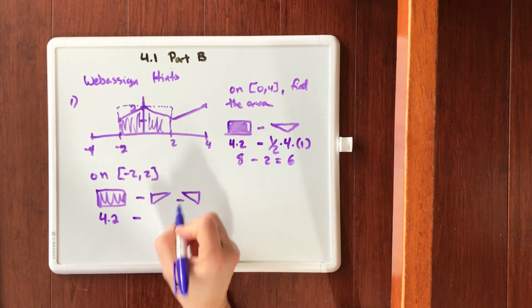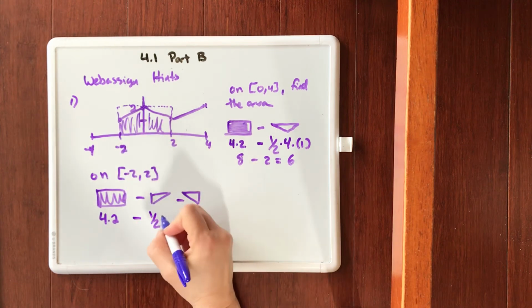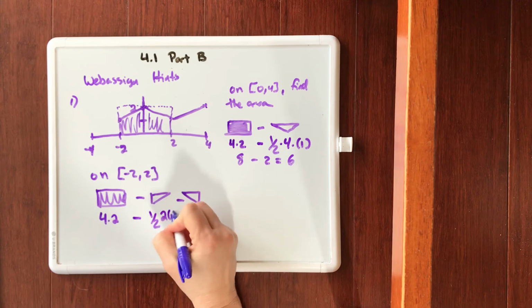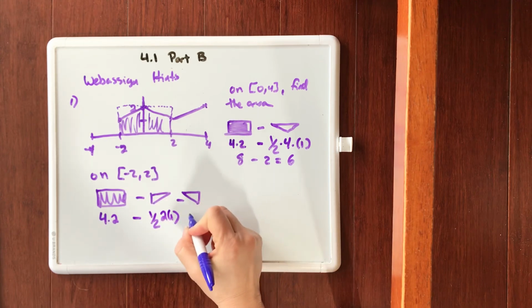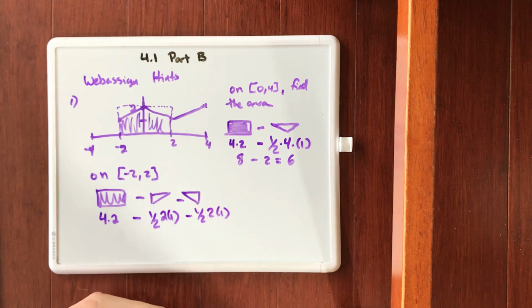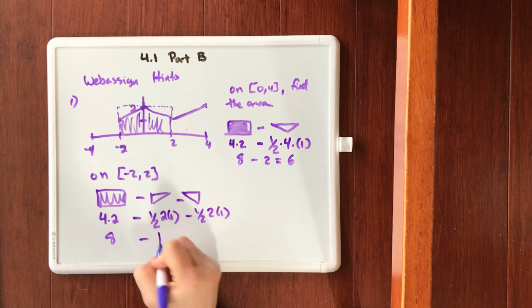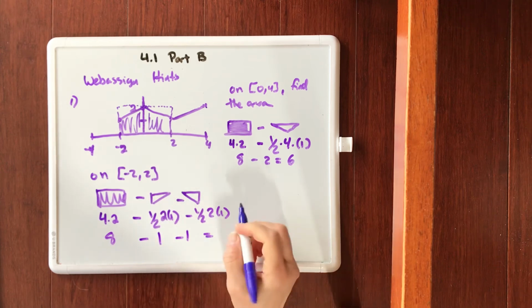So minus 1/2 base times height, which is 1. And we're also subtracting this one, 1/2 base times height. So in doing that, we have 8 minus 2, which equals 6.